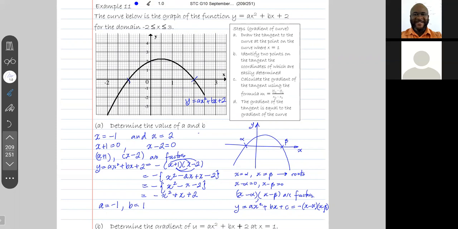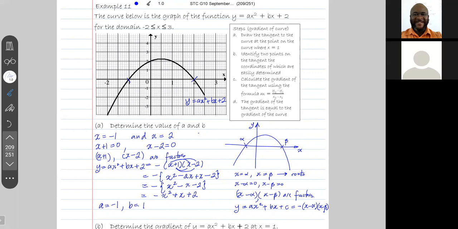Identify 2 points on the tangent, the coordinates of which are easily determined. 3, you are to calculate the gradient of the tangent using the formula m is equal to y2 minus y1 over x2 minus x1.